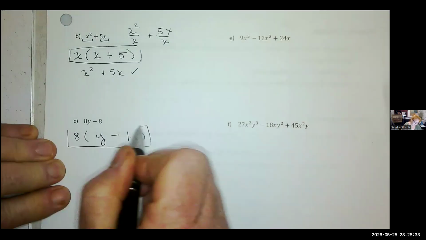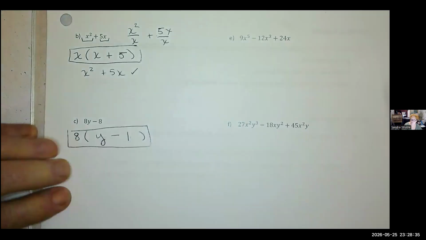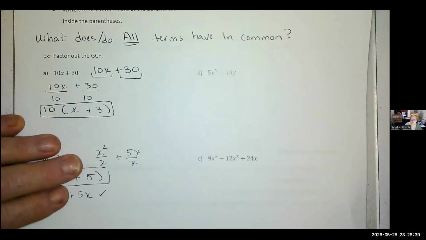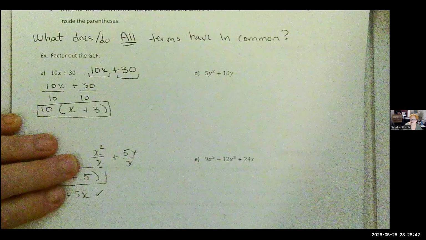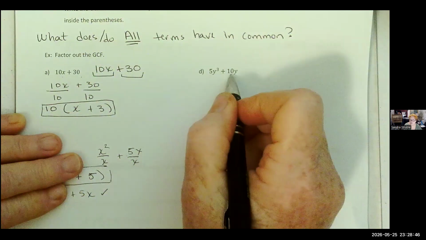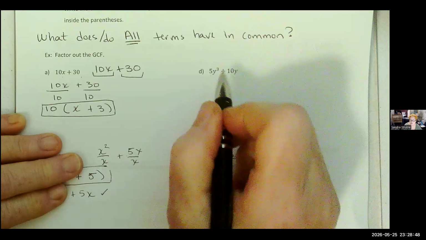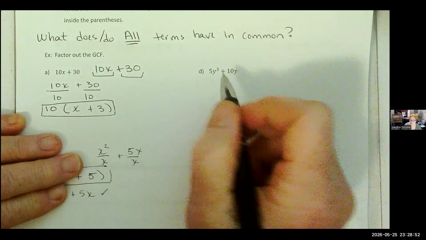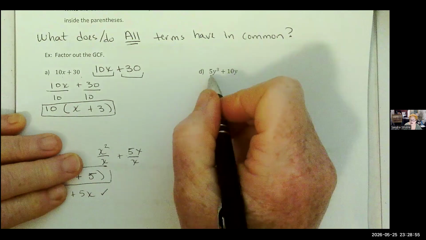All right. The next one. Ooh, let's get rid of that light. There we go. So it looks like they have what in common? I want you to always pause the video and check this yourself to make sure you can do this while you're working with me or while I'm here to support you. So they have 5y in common.